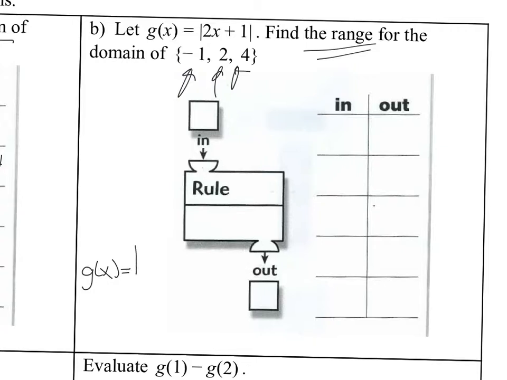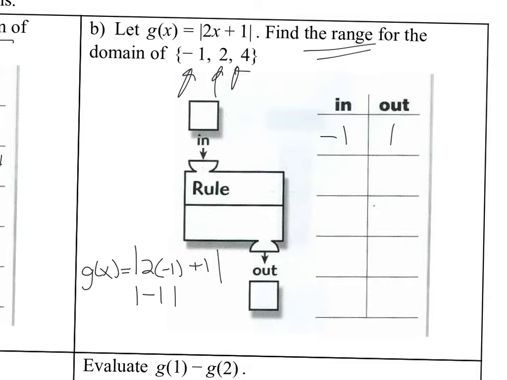equals the absolute value of 2 times -1 plus 1. I got sloppy, but 2 times -1 plus 1. So the absolute value of 2 times -1 is -2, plus 1 is the absolute value of -1, which is 1. So when I plug in -1, I get 1.